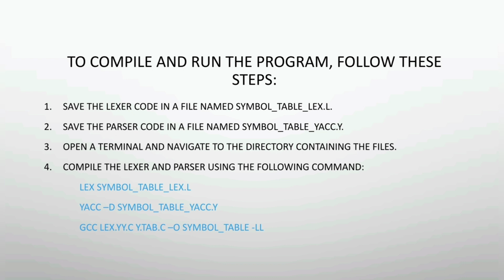Then we have to open a terminal and navigate to the directory which contains the files. Compile the lexer and parser using the following commands. The commands are lex symbol_table_lex.l, and for YACC we will use yacc -d symbol_table_YACC.y. Here symbol table is the file name. We can give any file name as we wish.